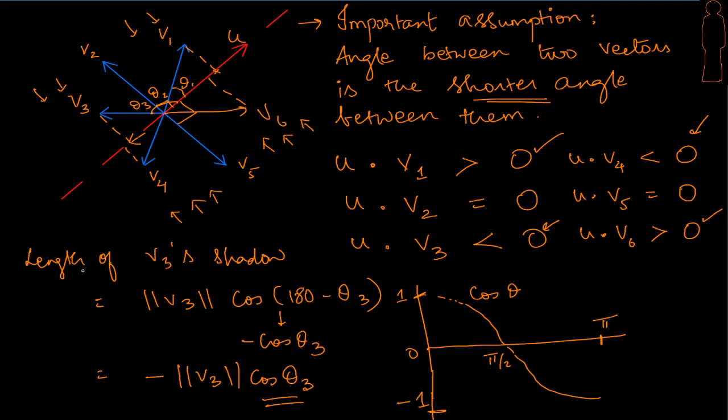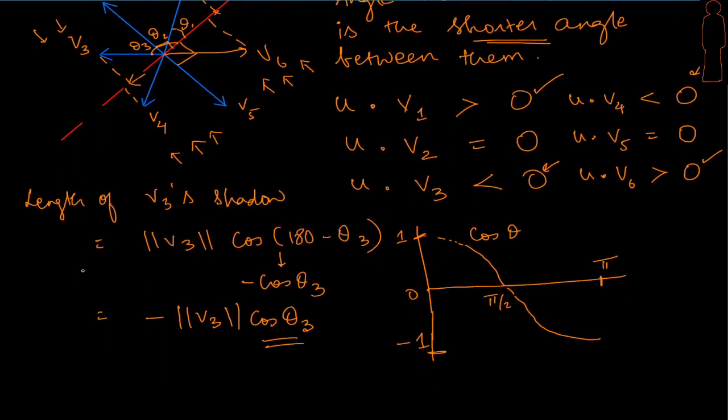Okay. Now look at the dot product, right? So we talk about u dot v3. What is it? The dot product is going to be the magnitude of u times the magnitude of v3. None of these terms are negative; both are non-negative terms. And here we are going to talk about cos of what theta? What's the angle between u and v3?